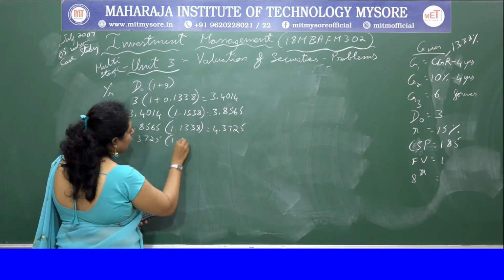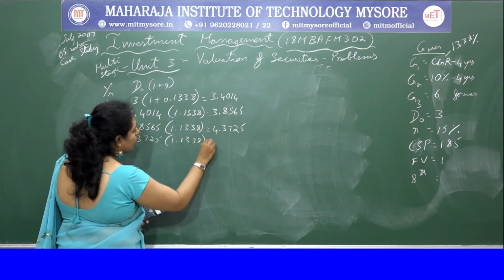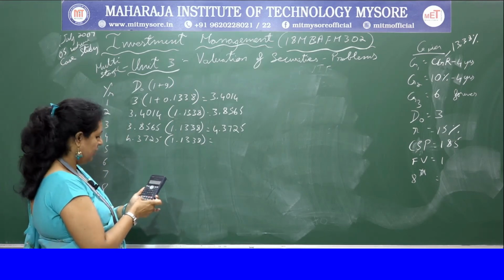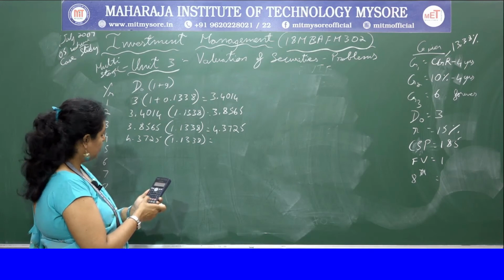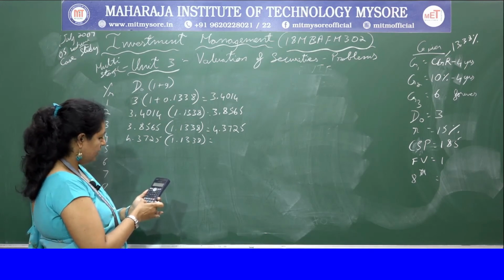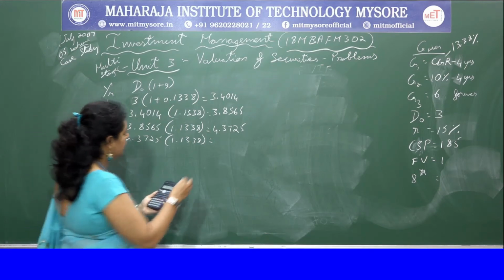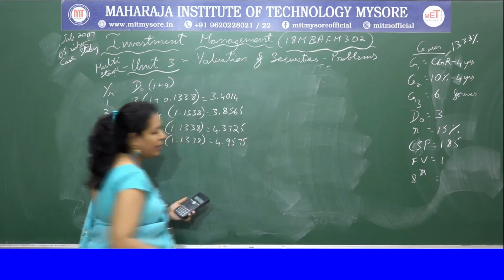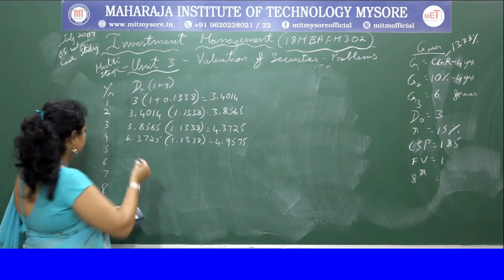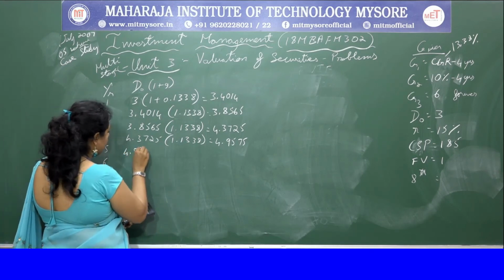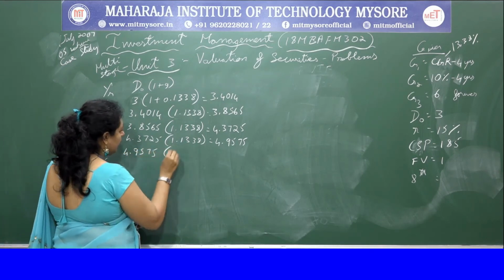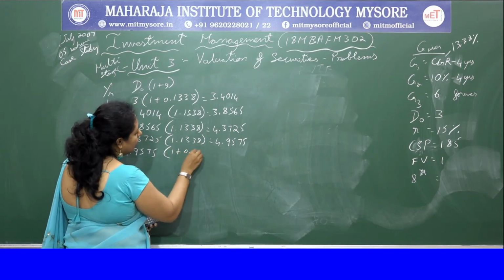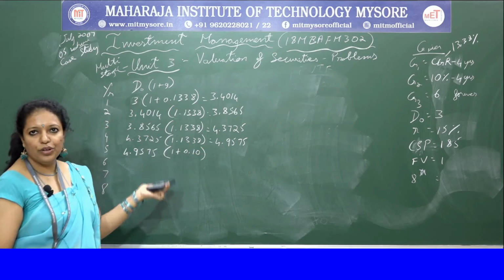4.3725 into 1.1338, you get 4.9575. Next is 4.9575 into 1 plus 0.10, because it is already 4 years now.